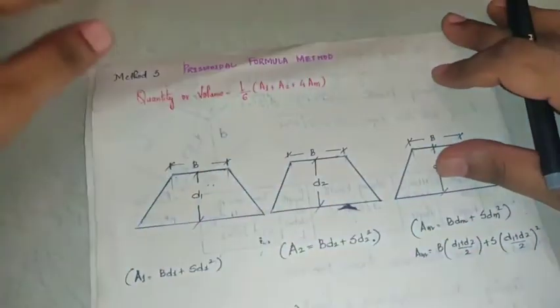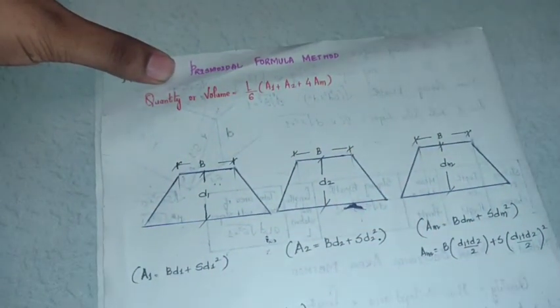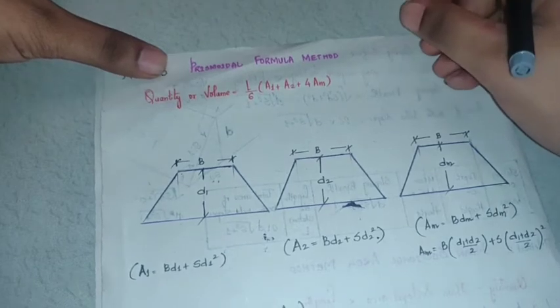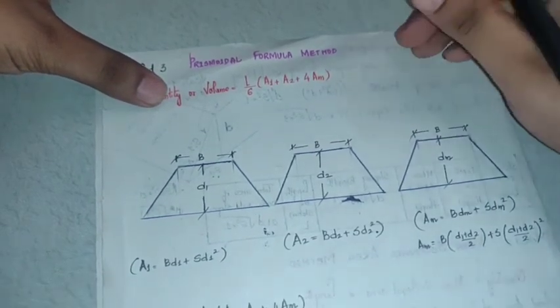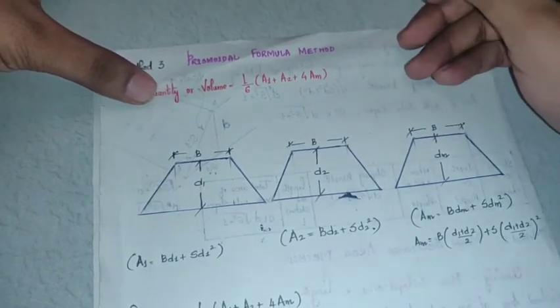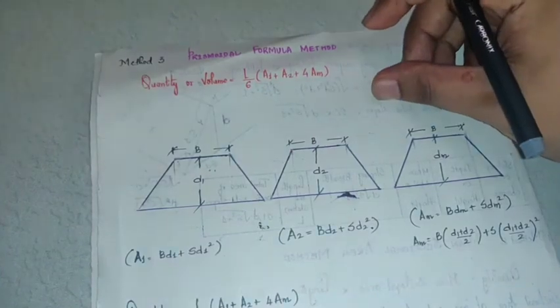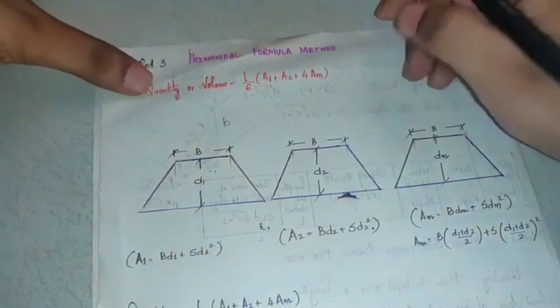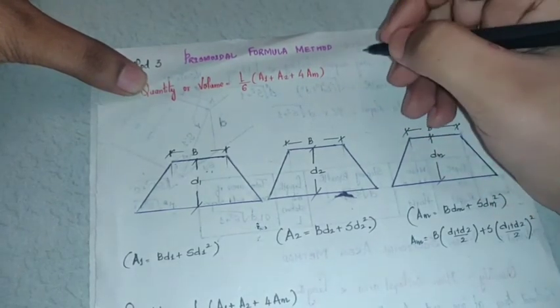Now the third method, the next method, is called the prismoidal formula method. This is the most precise method and is used for quantity calculation of large earthwork or large projects. Wherever a large accuracy is required in the calculation, we go for this third method, the prismoidal formula method.